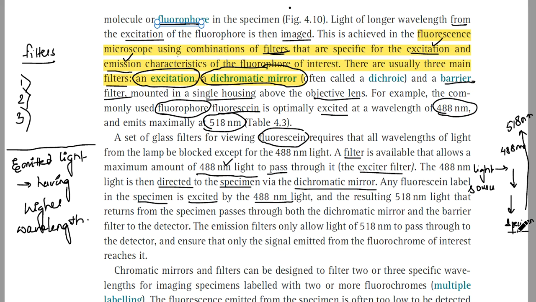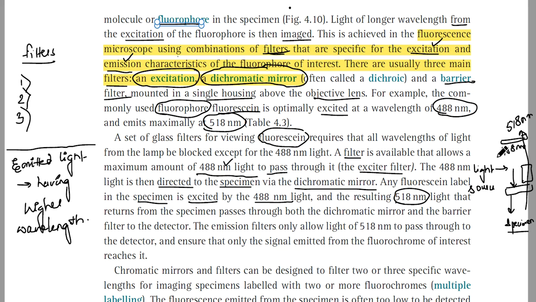Okay, so once the fluorescence is excited, it will emit light in the wavelength of 518 nanometer, which returns from the specimen, passes through the dichromatic mirror which is present here, and the barrier filter which is present here, to the detector, which is here CCD.